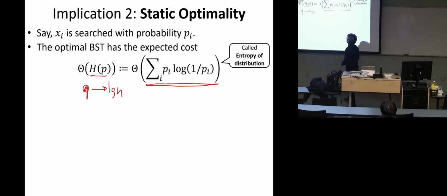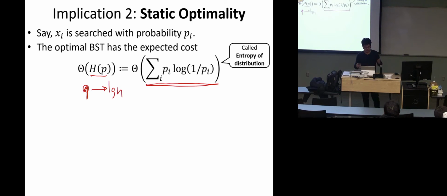Basically the intuition is, if your distribution is very skewed, like you access a 1 most of the time, let's say, then the entropy will be constant. But if the distribution is kind of uniform, the entropy will be like log n.